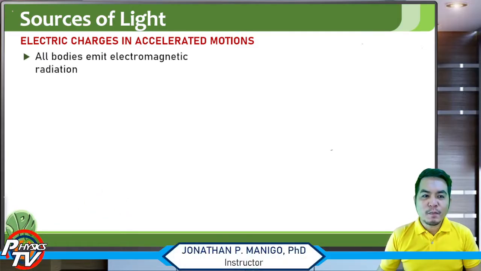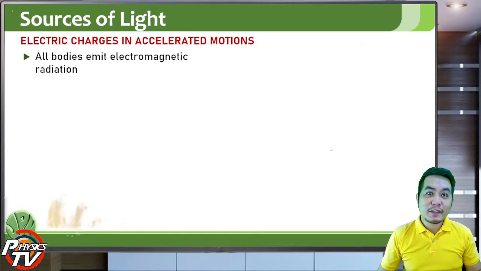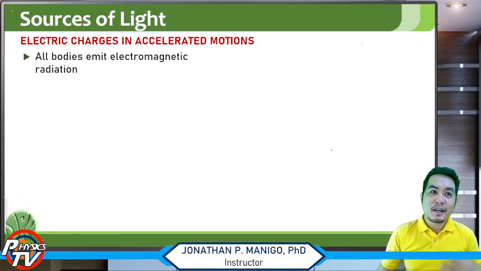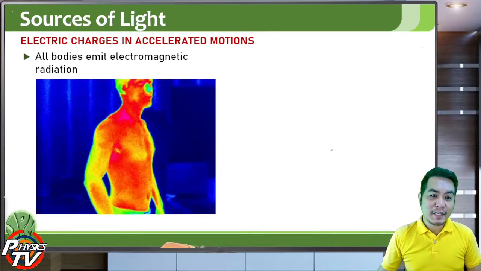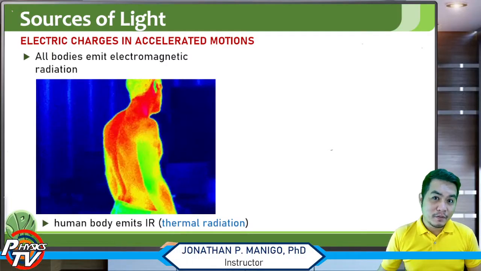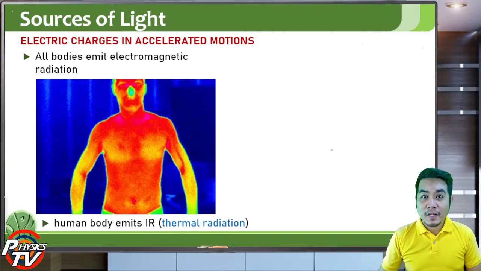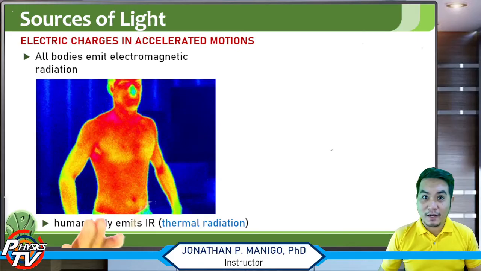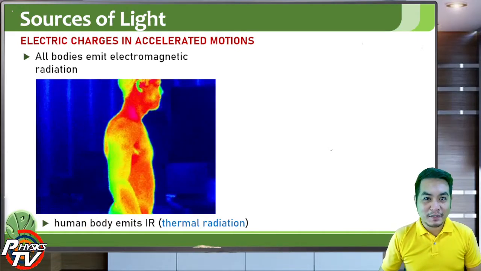In general, all bodies emit electromagnetic radiation, because we are composed of atoms, and inside atoms are electrons, and electrons are always moving, accelerating inside an atom. So we are generating light. All bodies emit light. In our case, we are emitting infrared, and we can see infrared if we have a thermal scanner, just like the thermal scanners in airports that scan your body temperature.